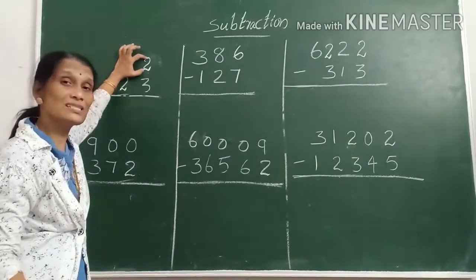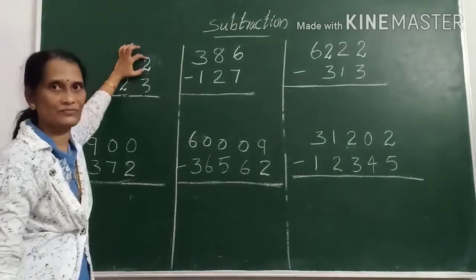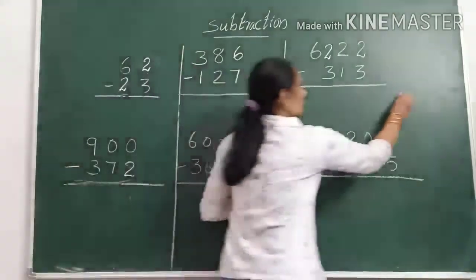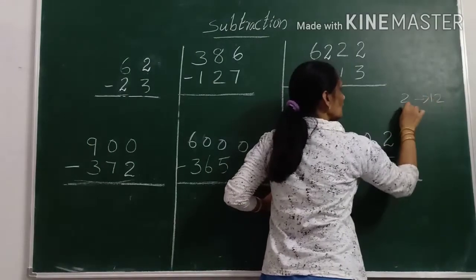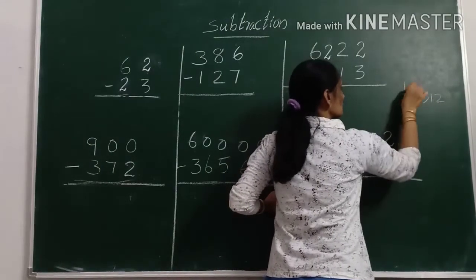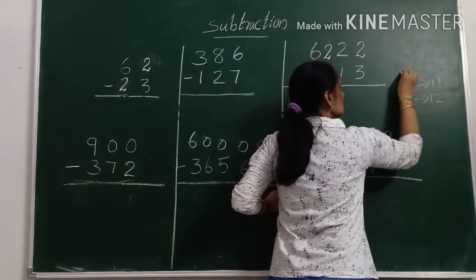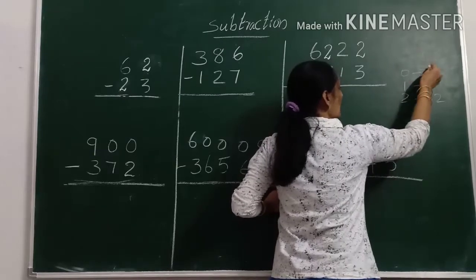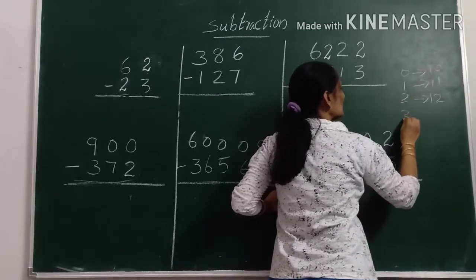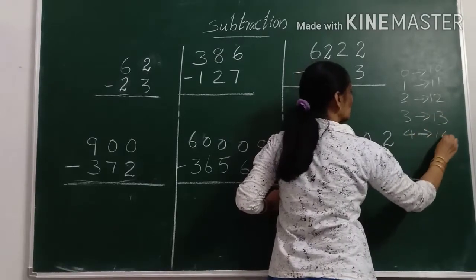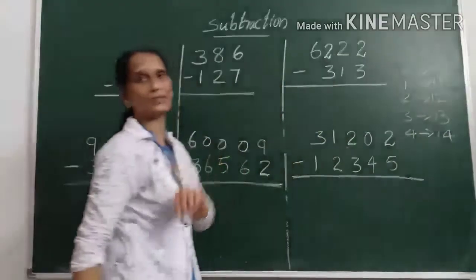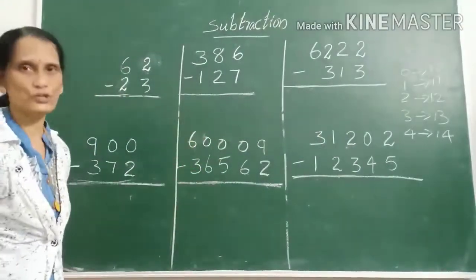If 0 is there, consider it as 10. 3 will be considered as 13, 4 as 14, and so on. We will consider it in that way.